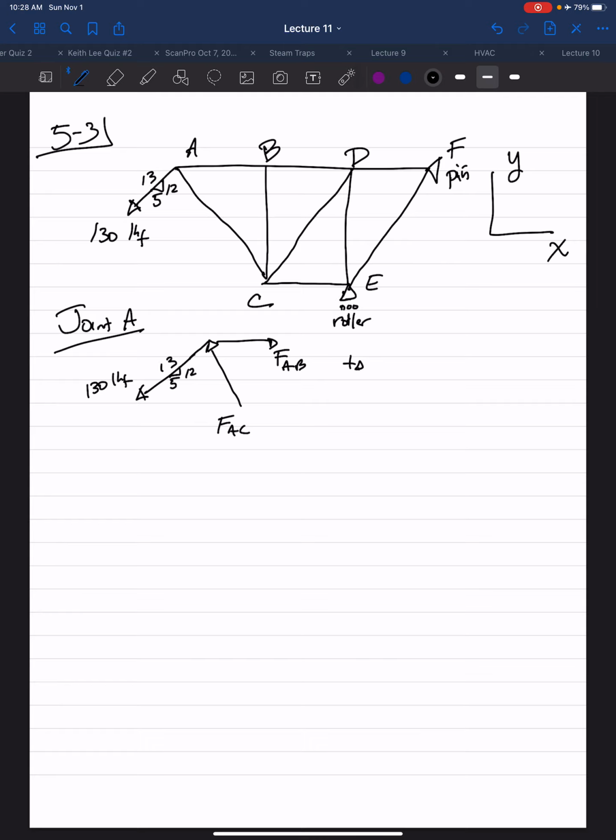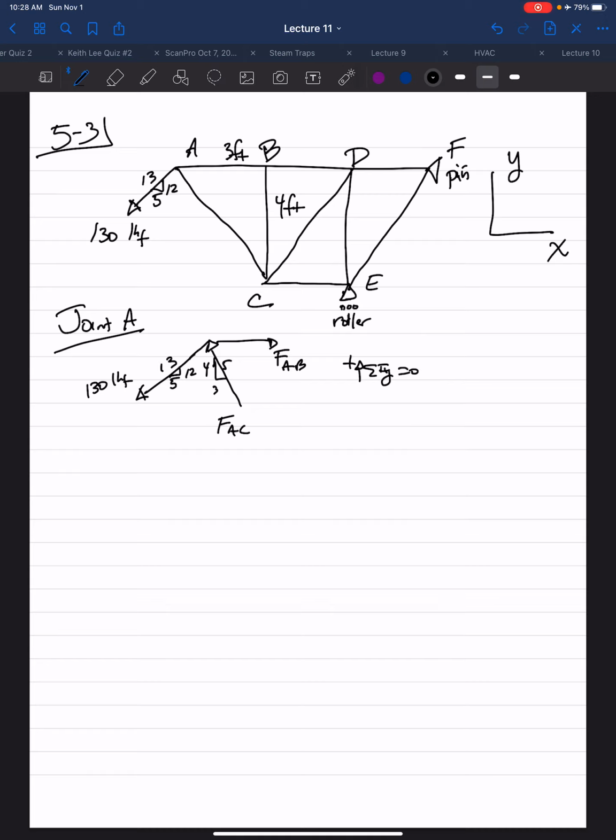So if I take some of my forces in the Y direction first, one more thing. If you look at the triangle, this is 4, 3. So then this is a 3, 4, 5 slope triangle here. So if I take the sum of my forces in the Y direction, 4 feet, 3 feet.